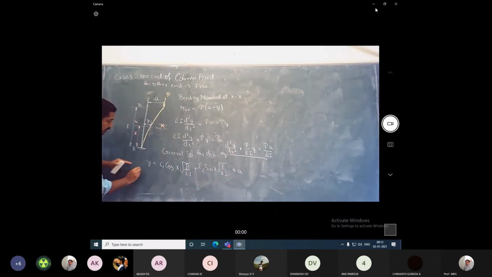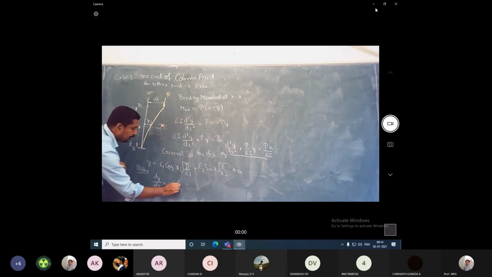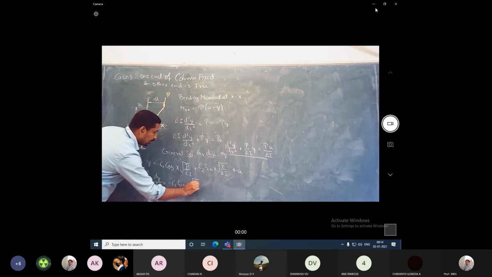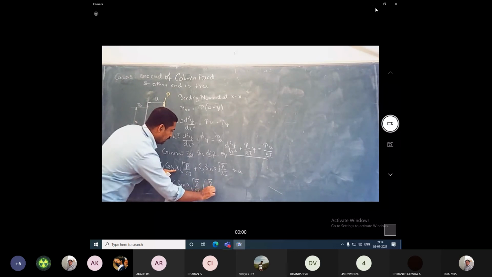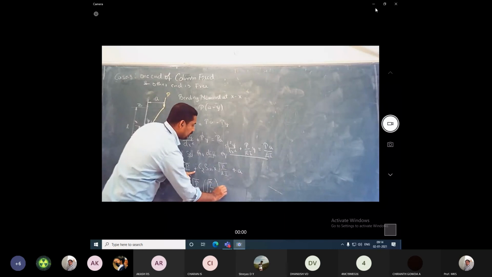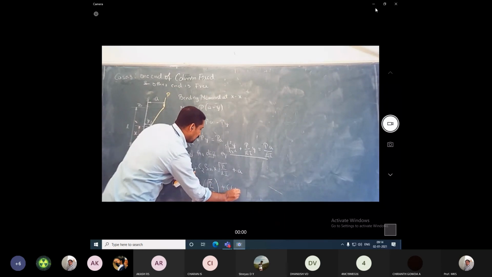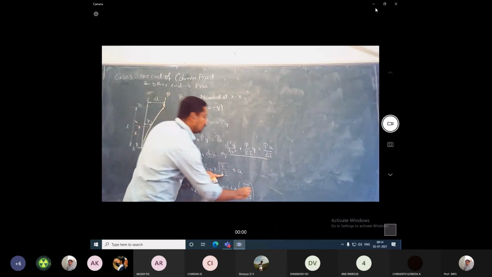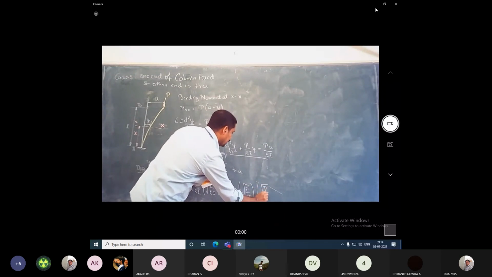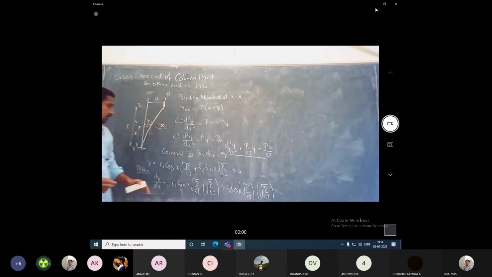Okay, next, differentiating this above equation, dy by dx is equal to the differential of cos, it is minus sine, so minus c1 sine x root of P by EI, and also the differential of this x into root of P by EI is root of P by EI, plus the differential of sine is cos, c2 cos x into root of P by EI into the differential of x into root of P by EI, which is root of P by EI, the constant is 0.